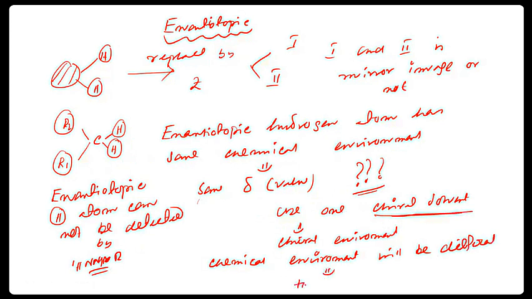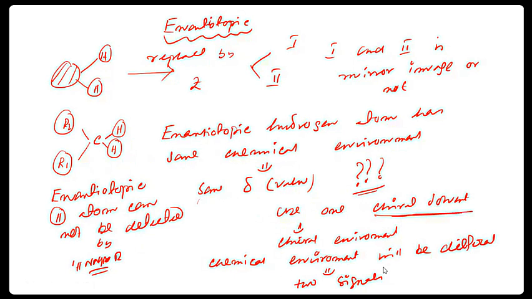Then we'll have two signals. So if somebody asks about that, there is no need to worry. We have to read very carefully what is written there. Normally, homotopic and enantiotopic protons have the same chemical environment. We cannot detect them by NMR. But look at the solvent. If the solvent is chiral, that chiral environment provides different chemical environments. As a result, they can be resolved.